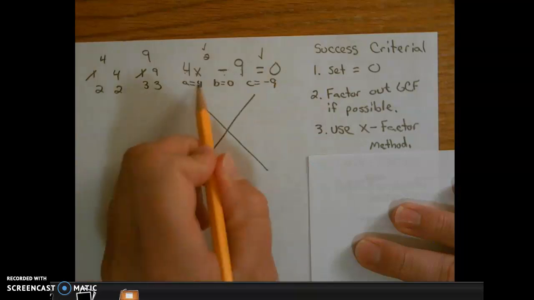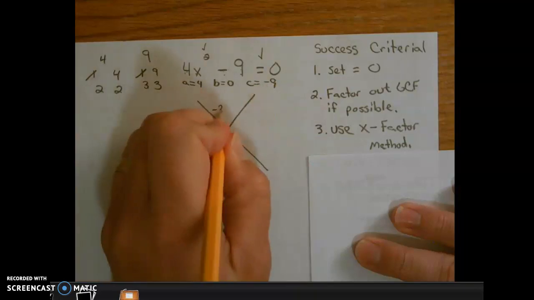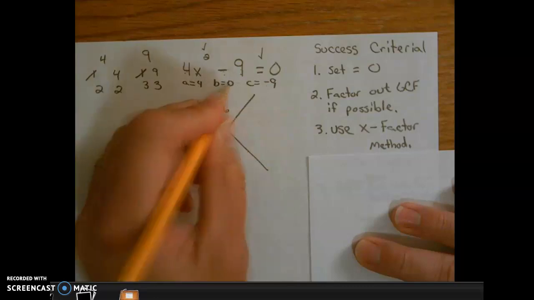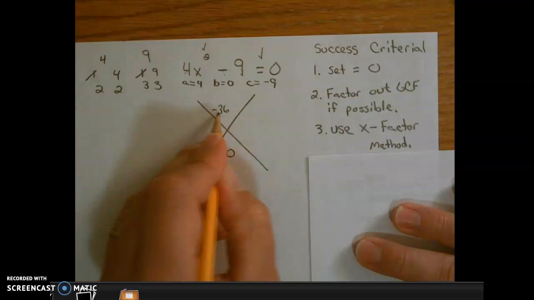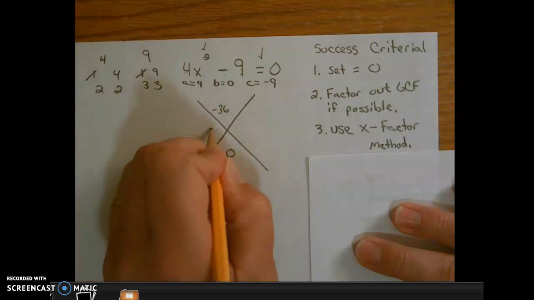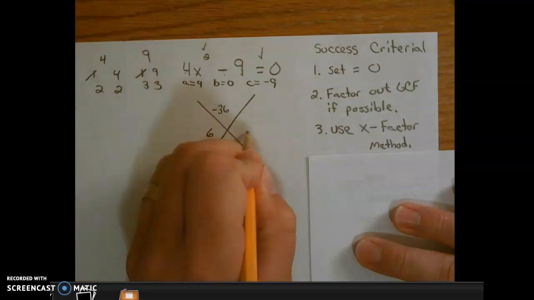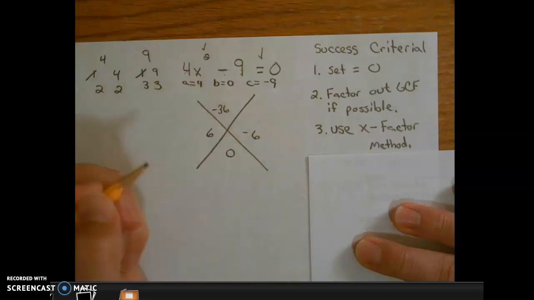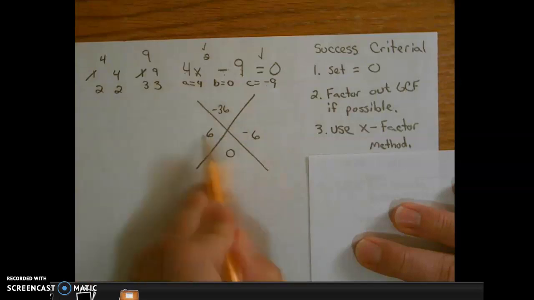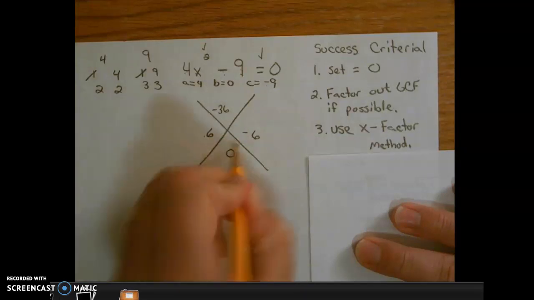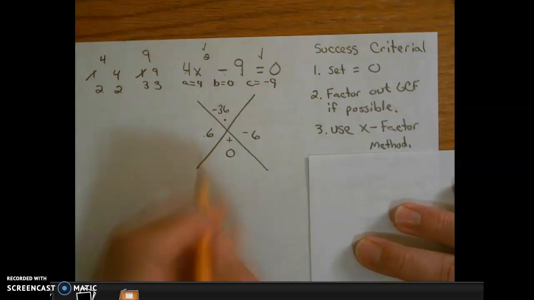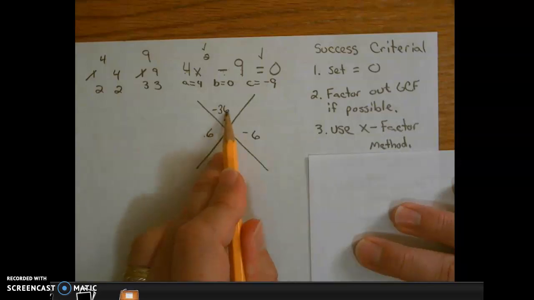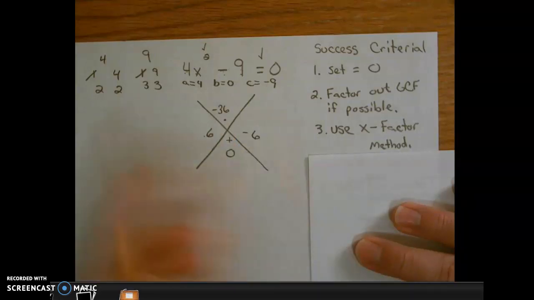Multiplying A times C on the top, the B value goes on the bottom, and it's always going to be a number times its opposite, because when you add them together, you get 0. When you multiply them, you get negative 36. So for example, if this was negative 25, it'd be 5 times negative 5.